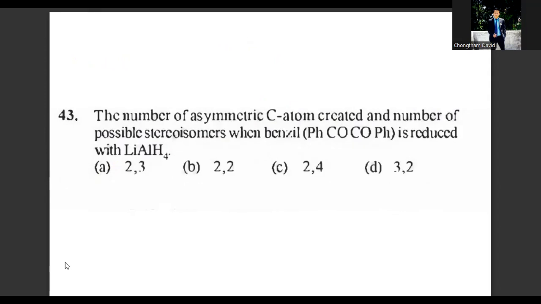43. The number of asymmetric carbon atoms created and the number of possible isomers when benzil is reduced with lithium aluminum hydride.